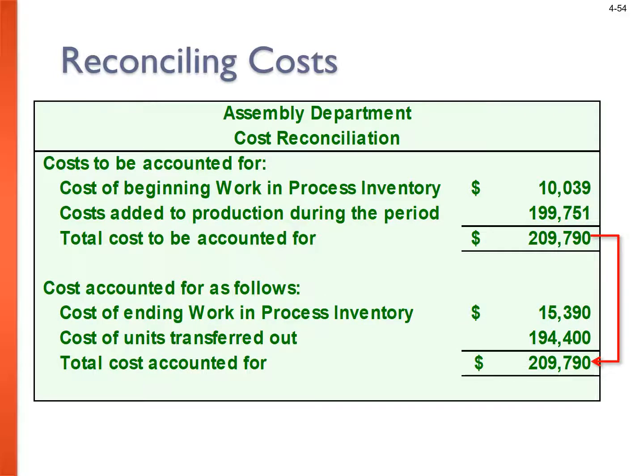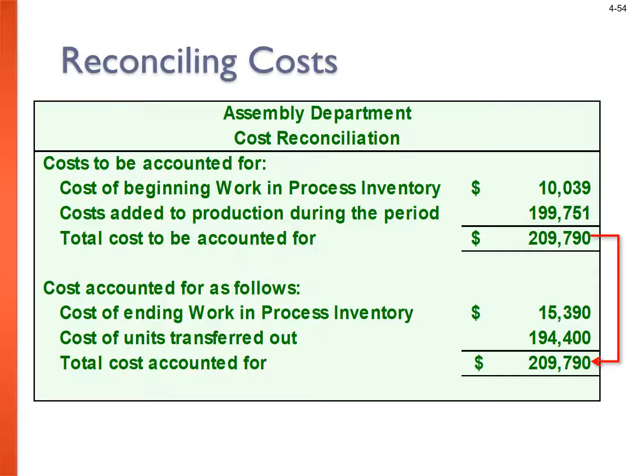Well, how much of the cost did we assign to our work in process inventory from the previous slide? So you're going to have to look back there on your PowerPoints. 15,390 was accounted for in the work in process ending inventory at the end of the month.